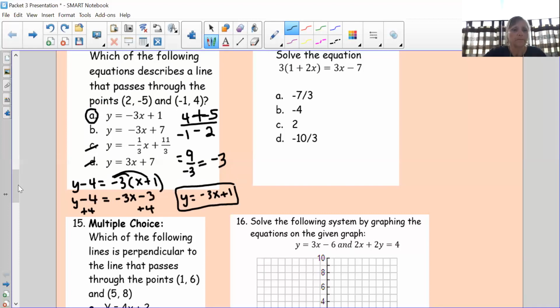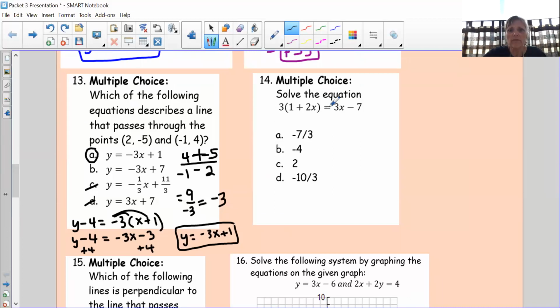Okay, now solve this equation. I'm going to have to distribute. 3 times 1 is 3. 3 times 2x is plus 6x. And then just copy this. I'm looking at the variables on either side, and if I move the smaller one, I will keep it positive.